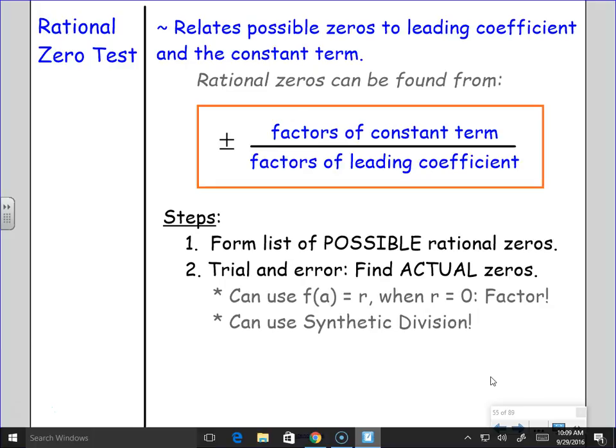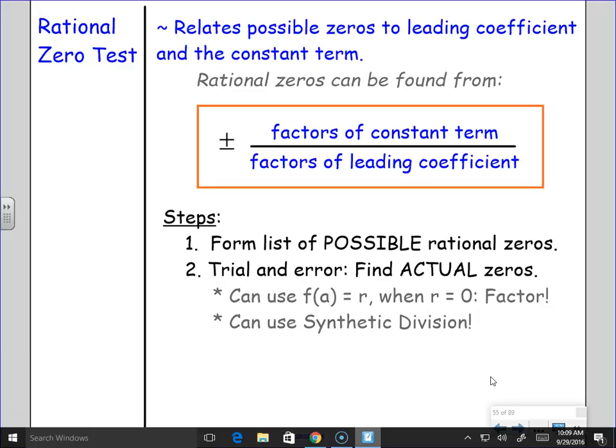We're going to have to figure out the different candidates in order to test, either with synthetic or with plugging in. And the way to figure out all the different possible rational, aka nice zeros, is by taking the first coefficient and the last coefficient and dividing all the factors of each.